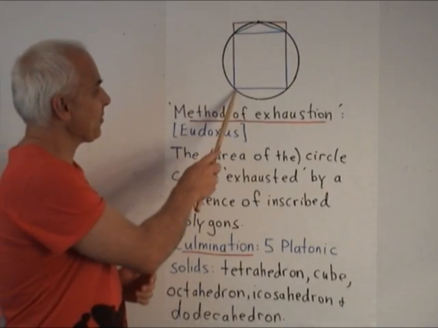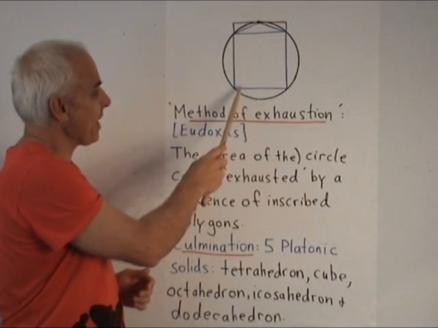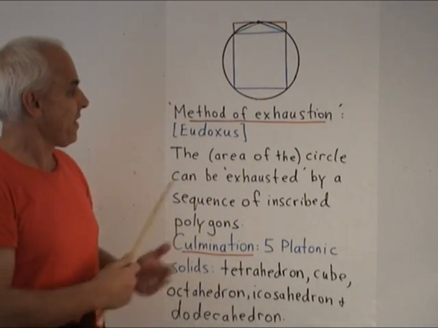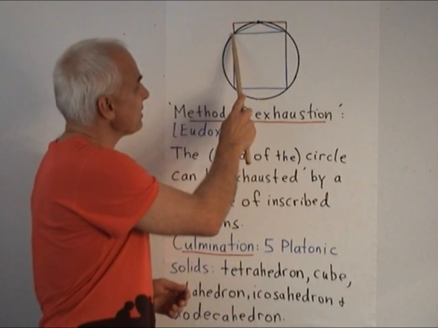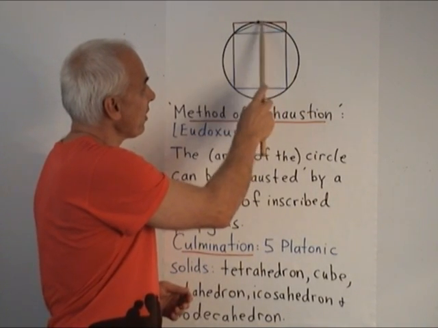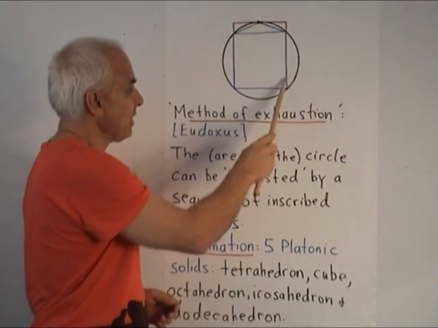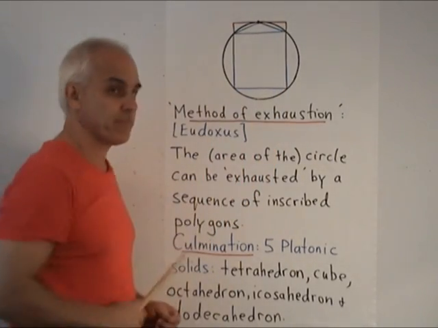And in this case, what that amounts to is if you have a circle and you put a square inside it, that's a first approximation to the area. Then the next approximation is obtained by taking the midpoint of this arc and joining it to form a little isosceles triangle. You do that at each one of these sides to form an octagon.